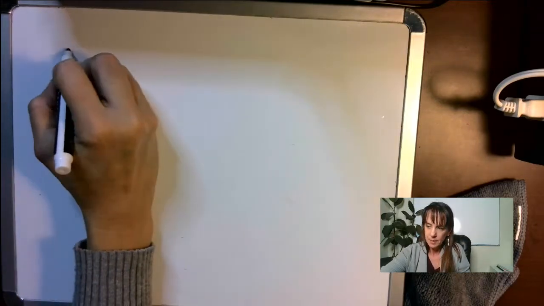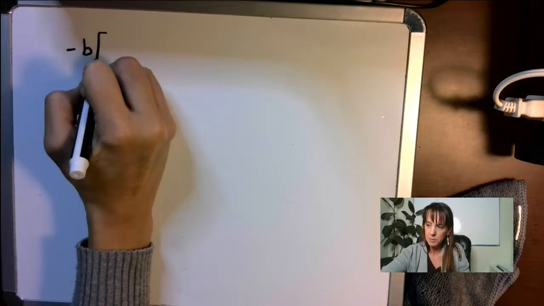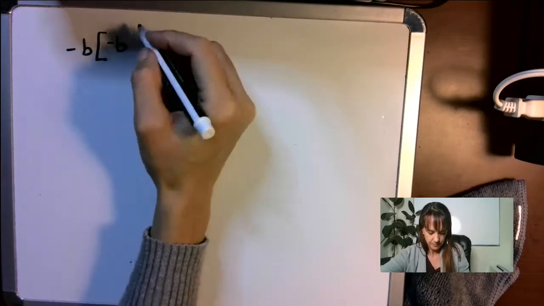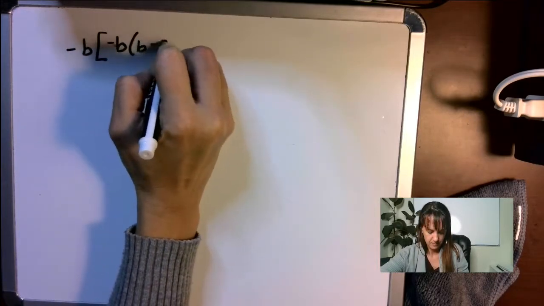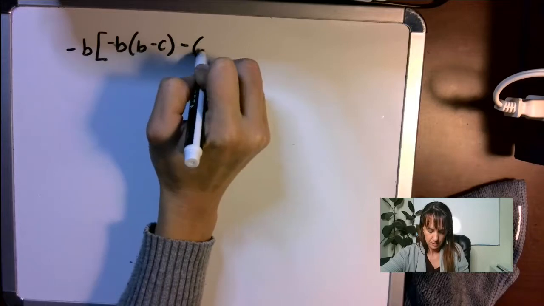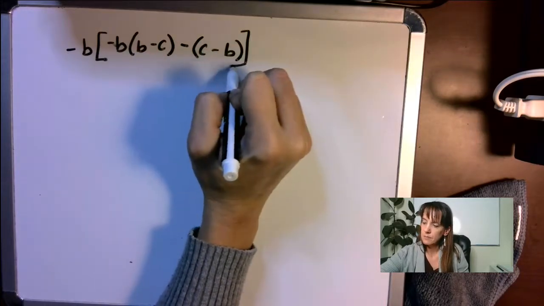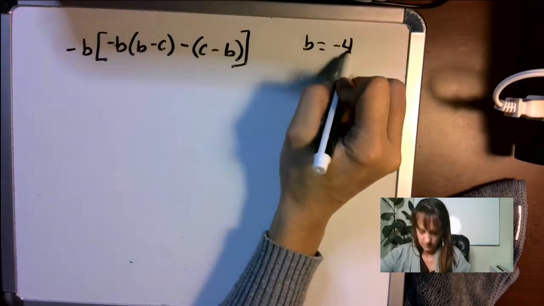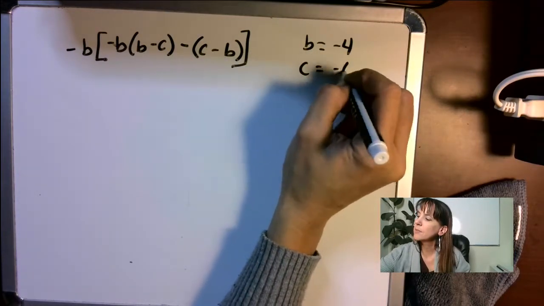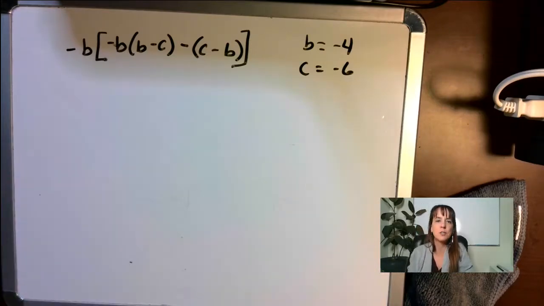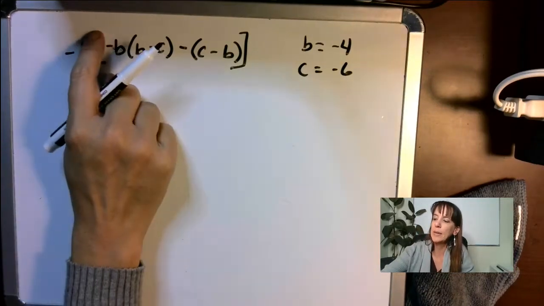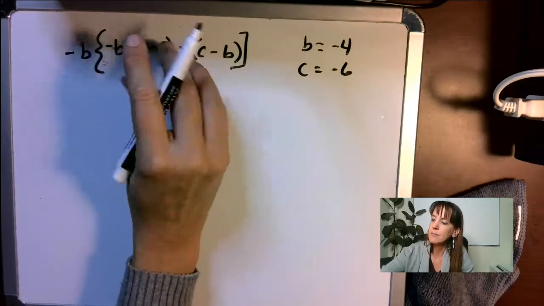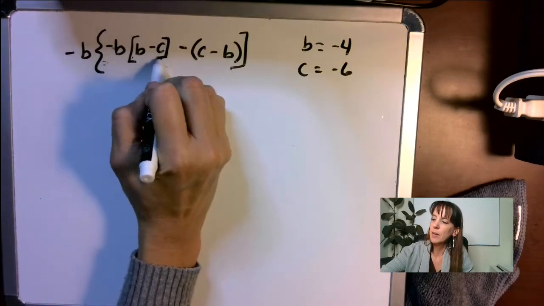Okay, the next one, we're going to do a couple more together. We have negative b bracket, negative b, minus c minus b, c equals -6. All right, so again, I wasn't thinking, and I should have put a brace here and then make these guys into brackets.